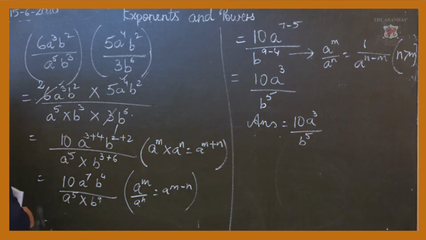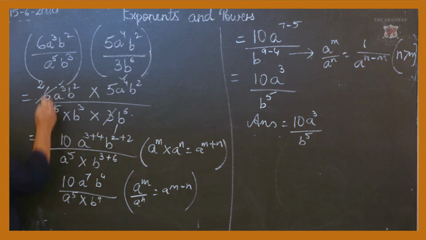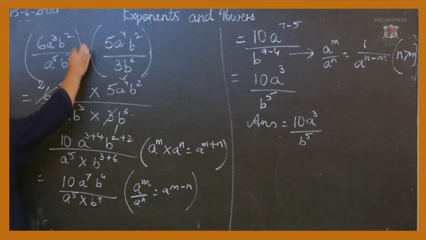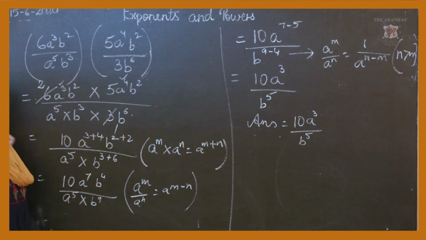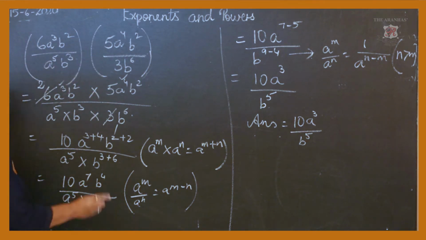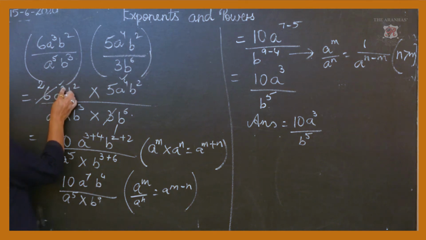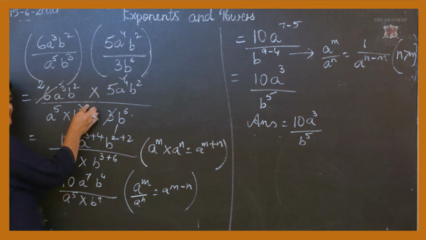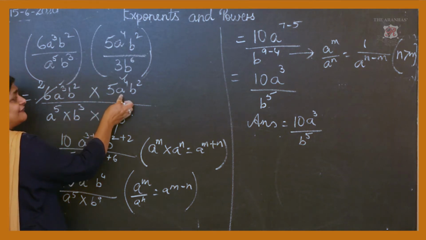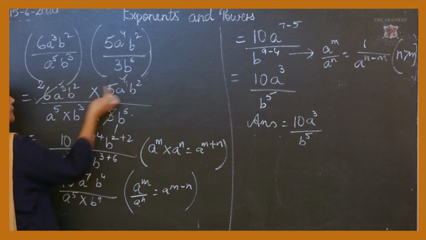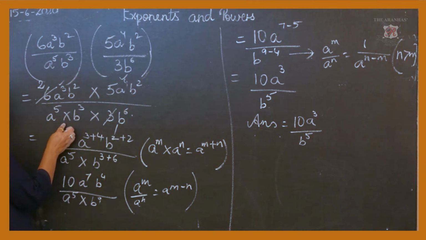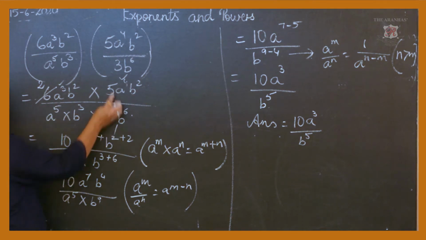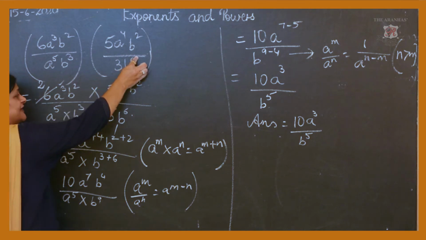Okay, now again I am repeating it. You have been given this sum. Now what you are going to do is open the bracket. Once you open the bracket, you write here 6a cubed b squared, into, nothing is there, means it's a multiplication sign, into 5a to the power of 4 b squared upon a to the power of 5 into b cubed into 3b to the power of 6.